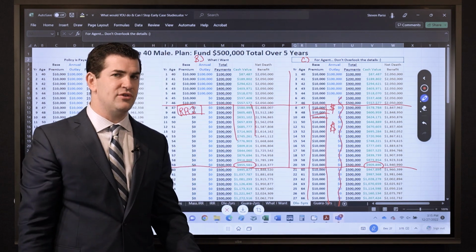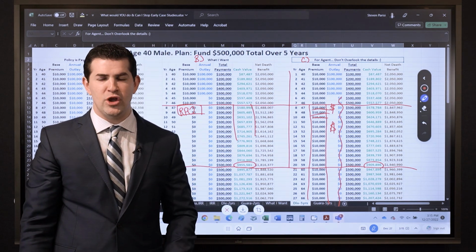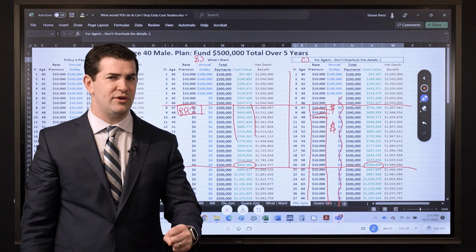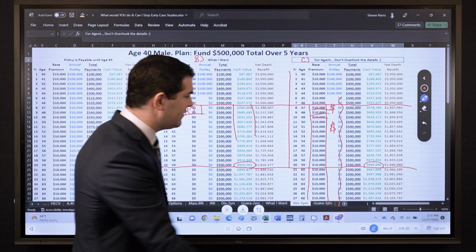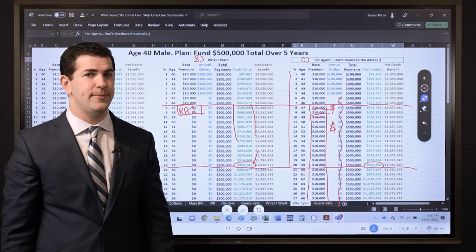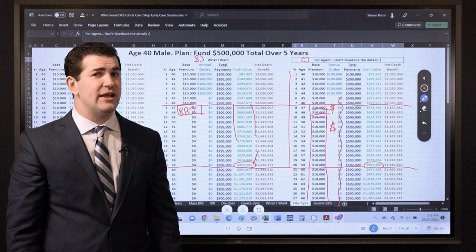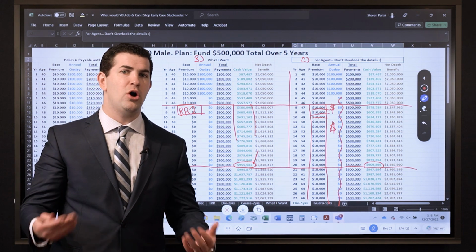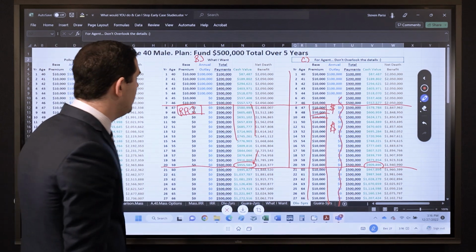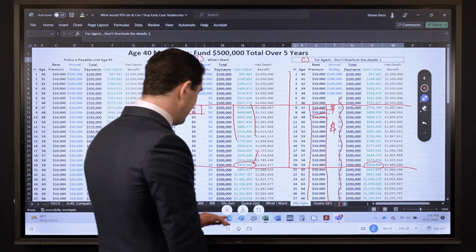If this was your policy and you wanted maximum value and you found out that a lever was not pulled, a change wasn't made that could have been made, that could have generated greater cash value for you, would you be upset? Most likely. So we want to make sure we are always staying on top of things for our clients to ensure that the product's set up properly and we've got maximum value.